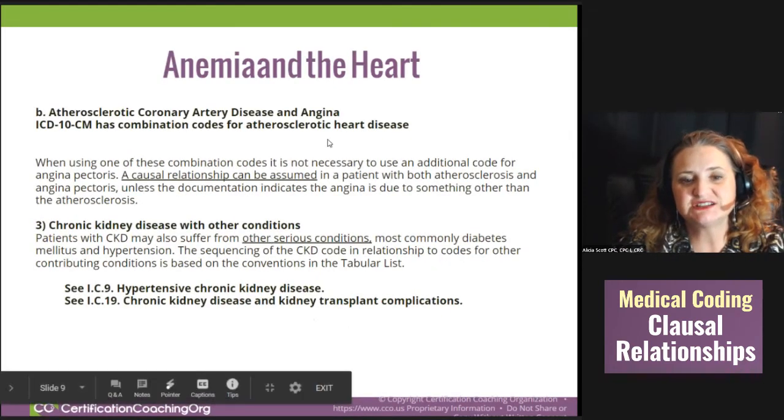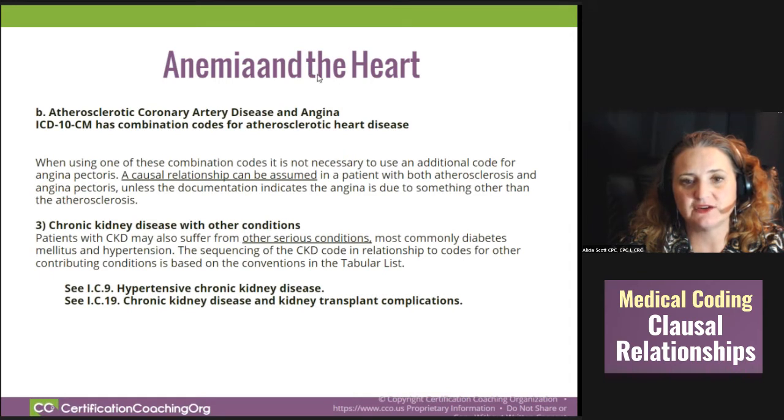I don't know why, but forgive me these headers. I put spaces in here and they just scrunched all up so it looks like anemia and the heart. Some other causal relationships that are assumed will be when you're dealing with things like atherosclerotic disease, angina, okay?